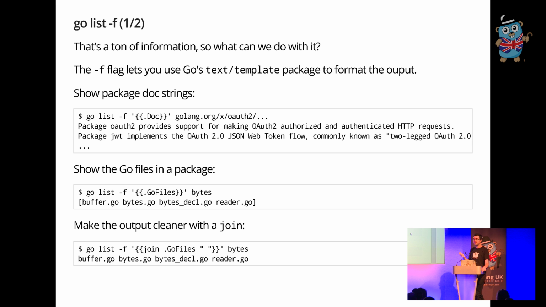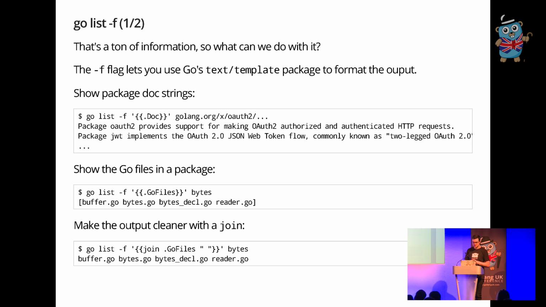So there's one template invocation for each line of output from GoList. So for instance, if I say GoList -f with just the doc field as my template for everything under the OAuth2 package, I get the first sentence of the documentation for each of those packages printed to standard output.